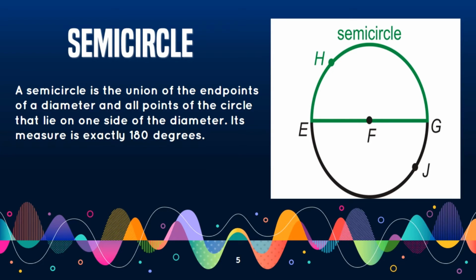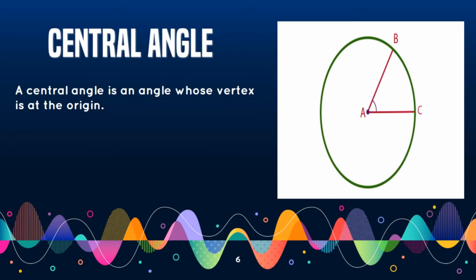So the union of endpoints of the diameter EG, which is from E to H, then H to G, is called the semicircle. Its measure is exactly 180 degrees. Since the measurement of a circle is 360 degrees, therefore, the measurement of a semicircle, which is exactly half of the circle, is 360 divided by 2, which is equal to 180 degrees.